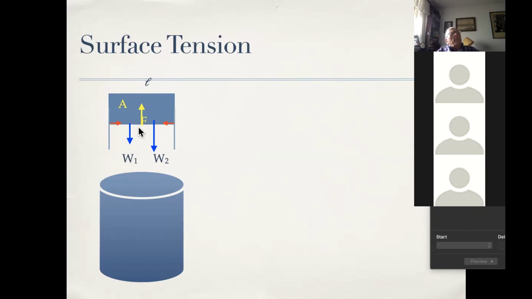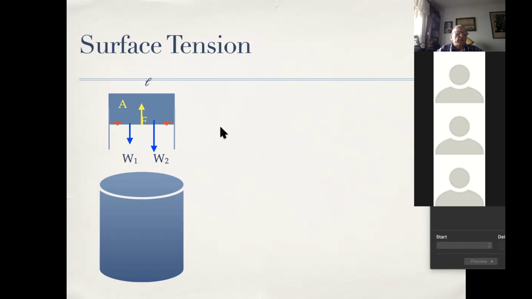Because it's moving up, I want to stop it and have a situation in equilibrium. So I suspend from the light wire a weight denoted by W2. And by properly adjusting that weight, I can easily get the situation where the wire is stationary.